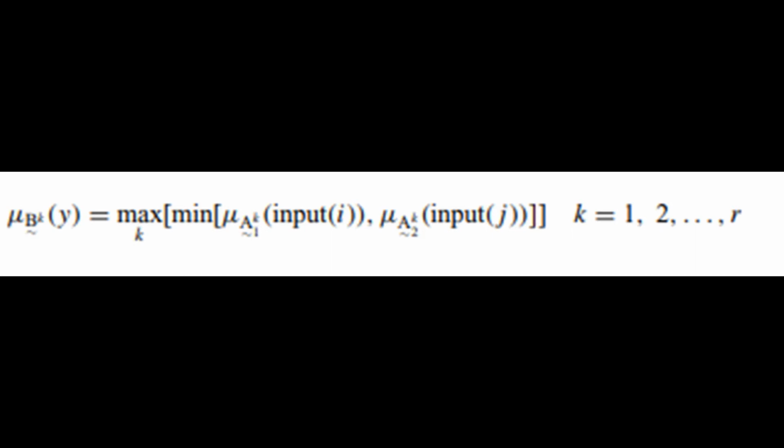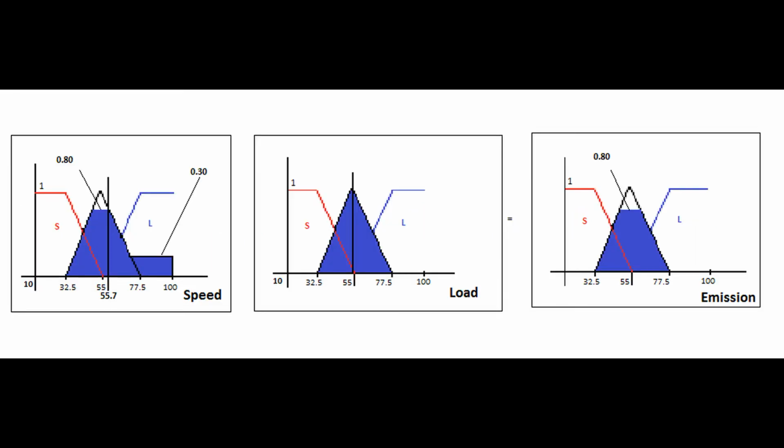Here, let me again explain what min means in this particular formula. The min operation reflects the AND operator for each rule, and the outside max operation indicates truncating the outer boundaries of each fired rule and combining or joining them together. If you look again at this example, what was rule number 1? When the speed is medium, that is x equals 55.7, the membership grade was 0.80, and the engine load is medium, that is x equals 55, the membership grade was 1.